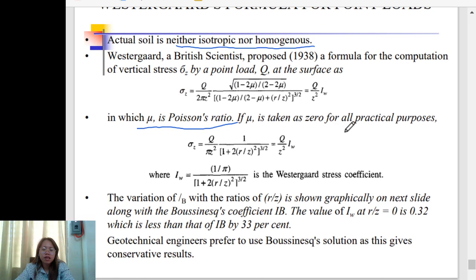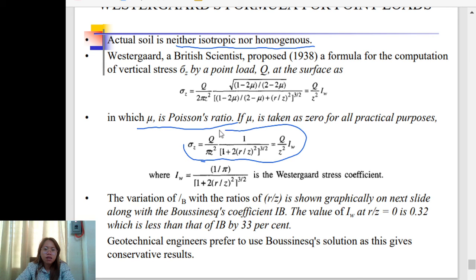Then if u is taken as 0 for all practical purposes, this will reduce to this one. Q sub z is as shown, so you can see the difference from the Boussinesq equation, where I sub W is this one. It is called the Westergaard stress coefficient. The Boussinesq equation has I sub B, remember from earlier. This time the Westergaard stress coefficient is I sub W in this formula.